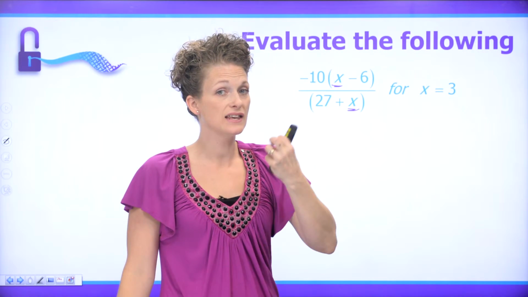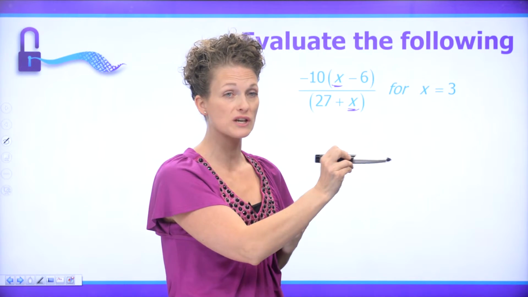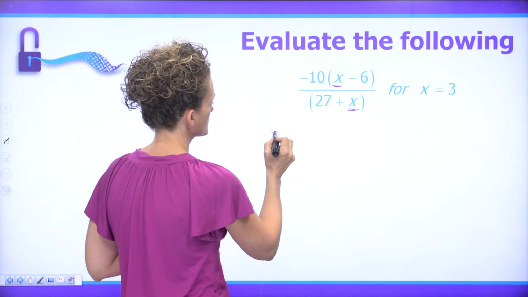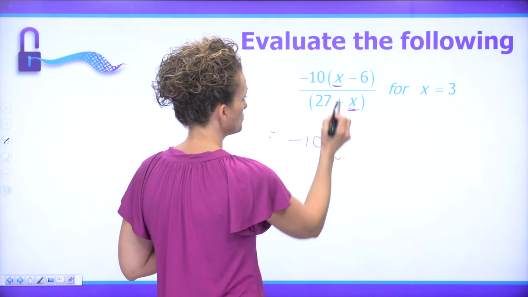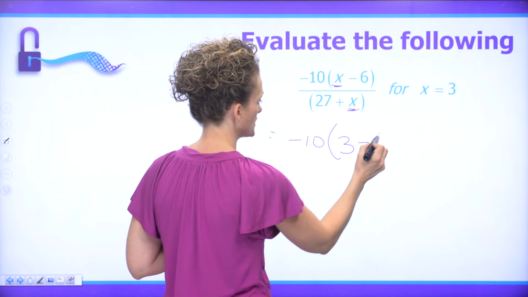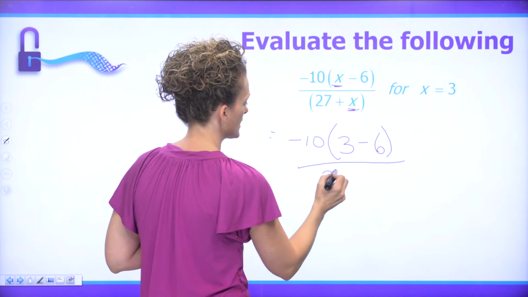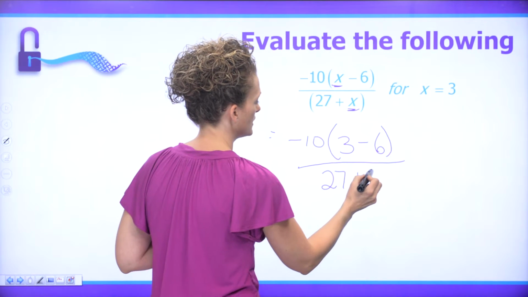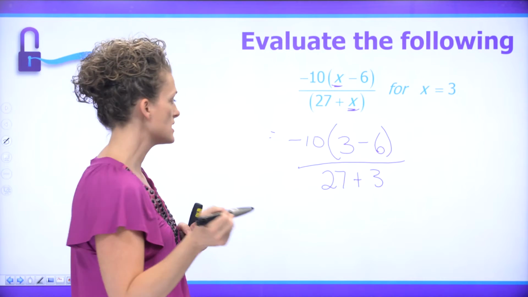So we're going to take the x's out, and we're going to substitute a 3. Everything else is going to stay the same for a minute. So negative 10, we're going to take that x out, substitute in a 3. 27 plus, again, take the x out, substitute in 3.